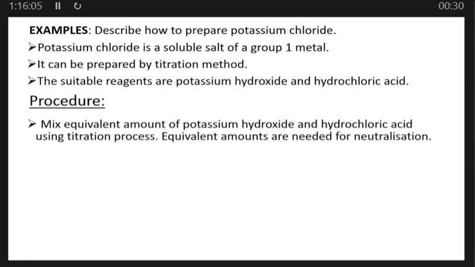So I've put it in a short way for you to understand, even to repeat the same process in the exam, right? So we are going to say mix equivalent amount of potassium hydroxide and hydrochloric acid using titration process. So equivalent amounts are needed for neutralization process, right?